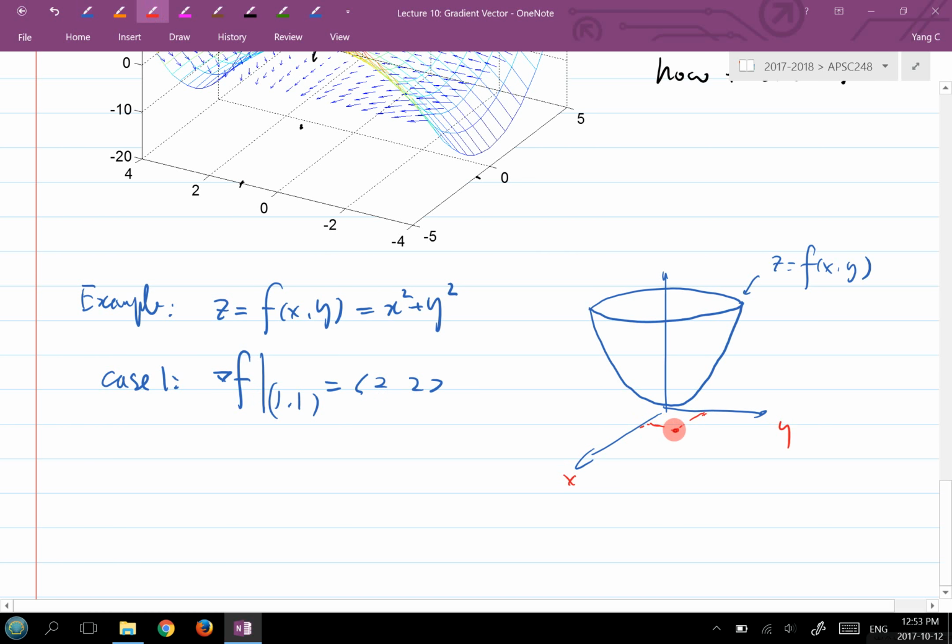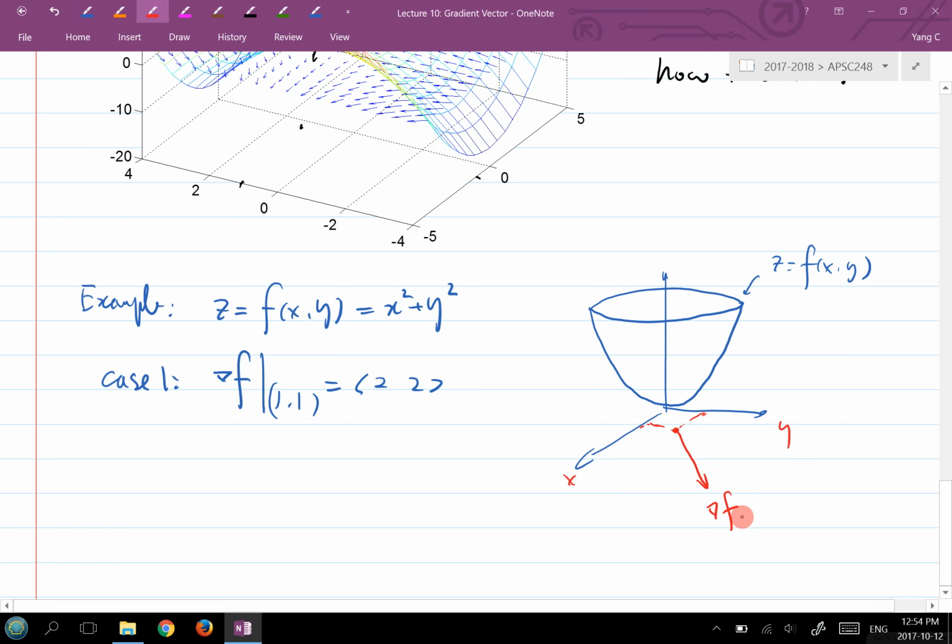Then you sketch the vector (2, 2). If you just sketch vector (2, 2), it starts from the origin, but in this case we start from (1, 1). So that is a vector pointing this way. This will be del f. Does that make sense?